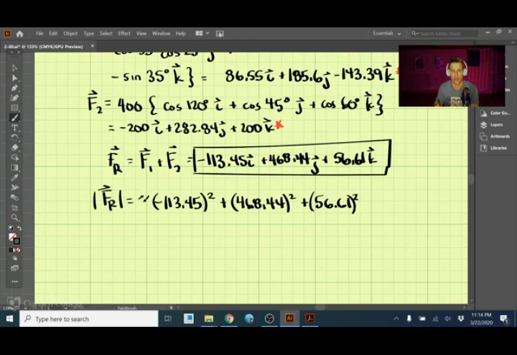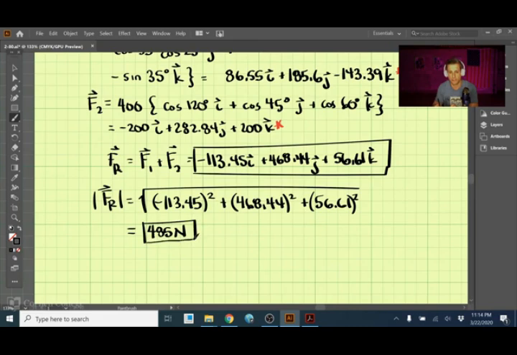And then take the square root of all of that. And our total magnitude then comes out to roughly 485 newtons. So that is our magnitude.